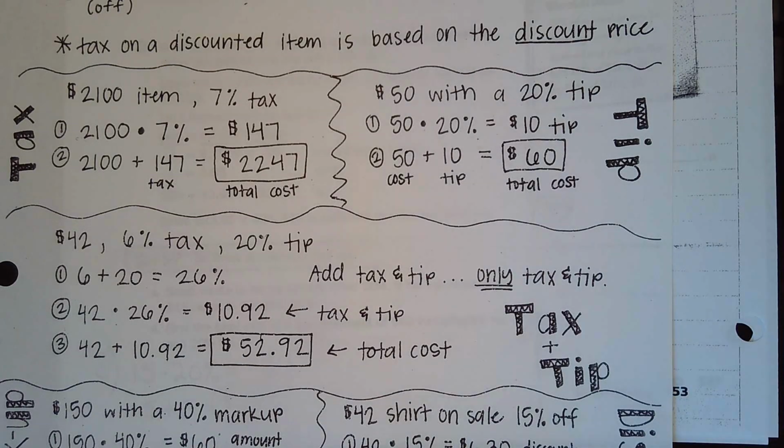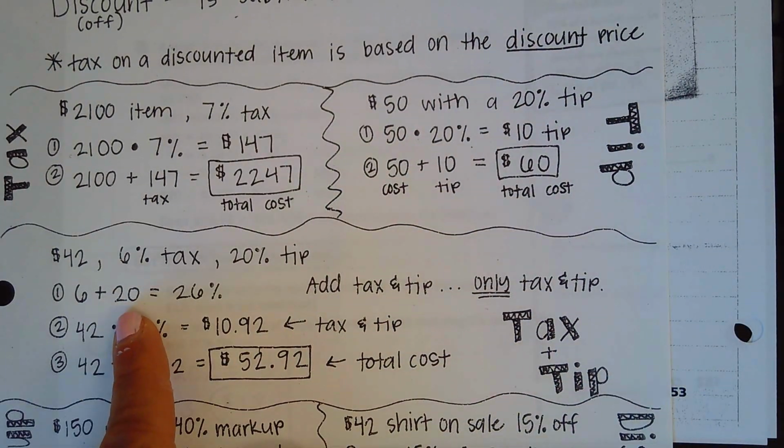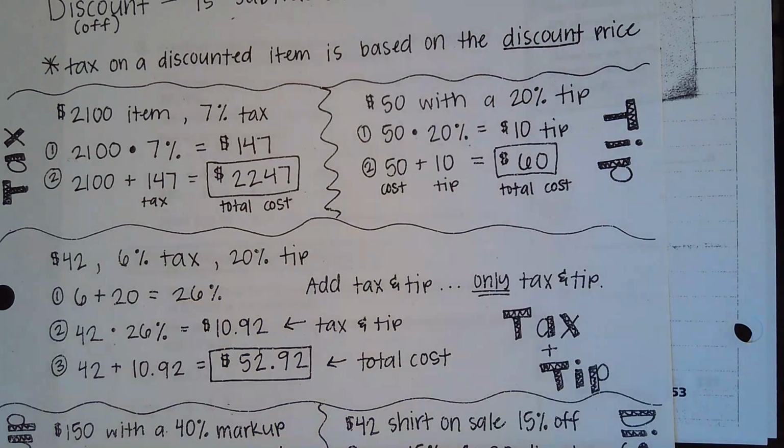Technically, then you're tipping on tax, which why would you do that? That has nothing to do with the service. You should tip on the original price. And tax is also based on the original price. So only in this case, tax and tip, you can add the two percentages together. And that way you only have to do one step.